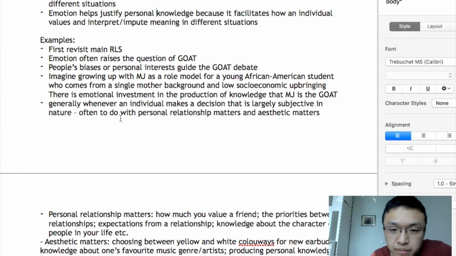So there's an emotional investment in the production of knowledge that Michael Jordan is the GOAT, right? Because there's an emotional attachment between the person and Michael Jordan. So that's why emotion clearly plays a role in the production of this piece of knowledge, right?